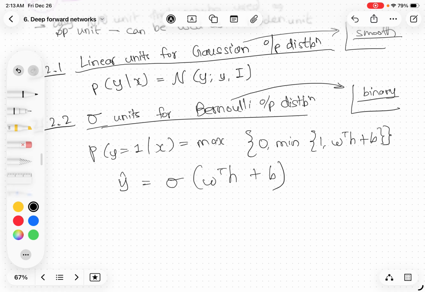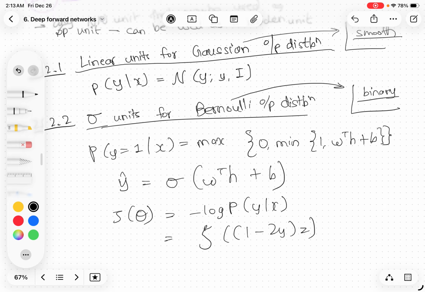The sigma is the logistic sigmoid function, which we saw in a previous chapter. The loss function for maximum likelihood learning of a Bernoulli parameterized by a sigmoid is the negative log likelihood of p of y given x, which can be written in terms of the sigmoid of (1 minus 2y) times z.